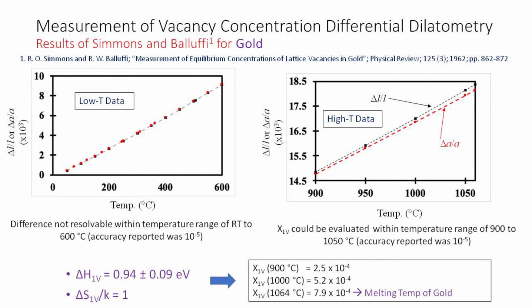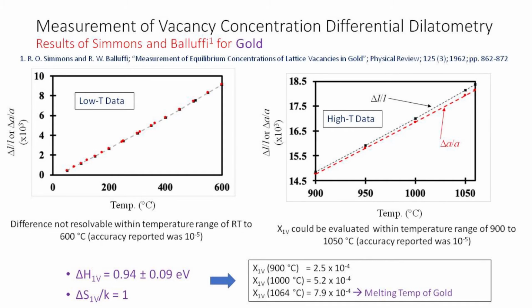So, then plotted in this temperature range 900 to 1050 degrees centigrade, x1v versus 1 by T, and they could get the enthalpy of vacancy formation and vibrational entropy of vacancy formation, and the values they obtained were delta H1v of 0.94 electron volts and delta S1v equal to 1 kB, where kB is the Boltzmann constant.